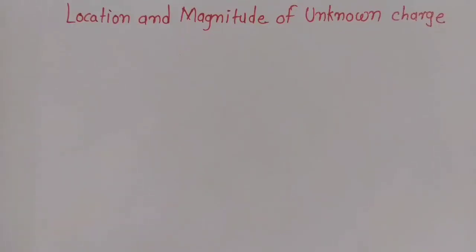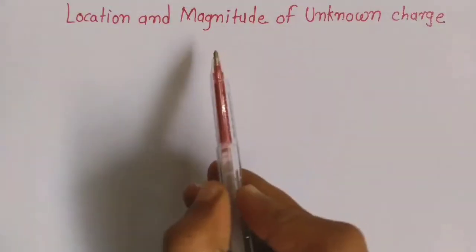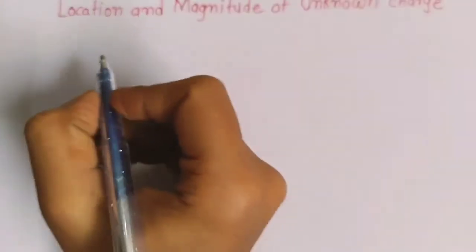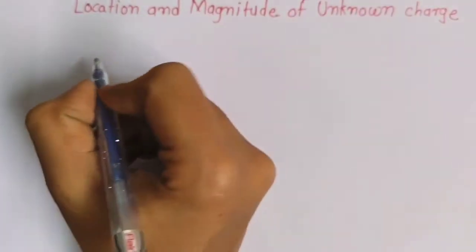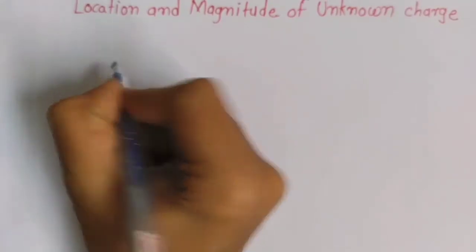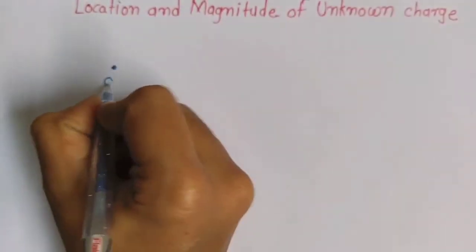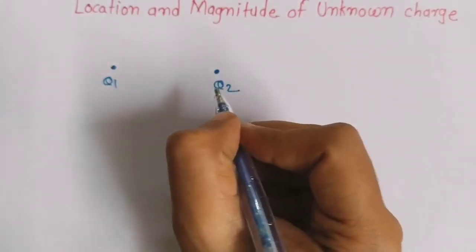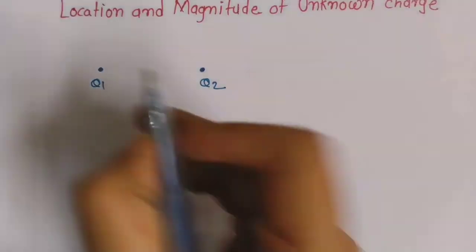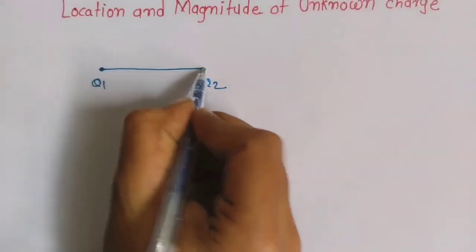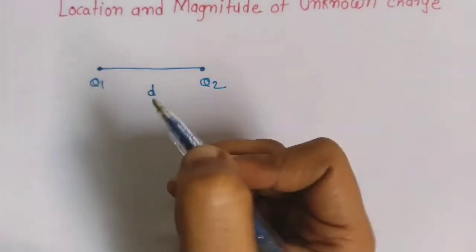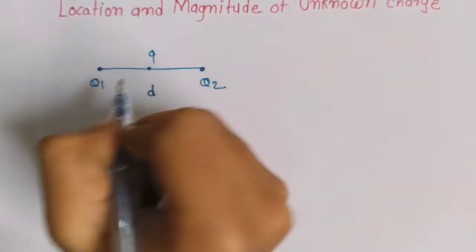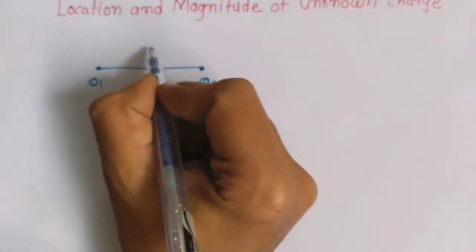So let's learn how to find the location and magnitude of an unknown charge. We have two charges, charge Q1 and another charge Q2, and the distance between these two charges is D. Another charge Q is here, and we have to find its location and magnitude.